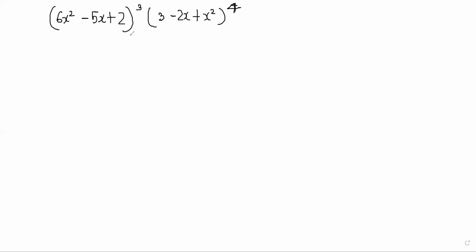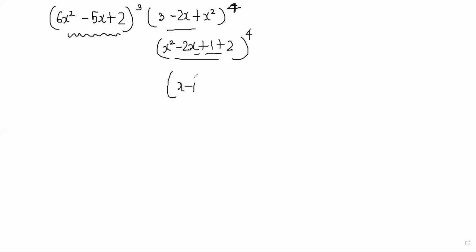So you have to think about what the expansion will be, and this part can be written a little better as x square minus 2x plus 1 plus 2, to the power 4. That is just (x minus 1) whole square plus 2, to the power 4.